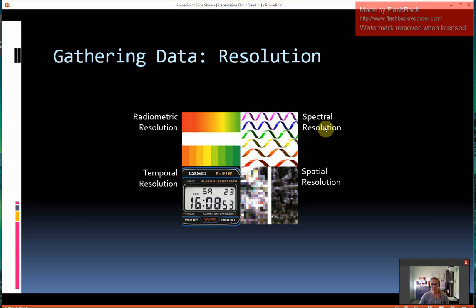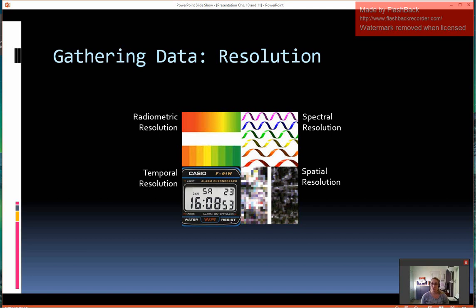There's also spectral resolution. As I mentioned before, those bands are designed to take in certain wavelengths, and that's the resolution of the camera or of the sensor, the spectral resolution rather. Temporal resolution just has to do with how many times a sensor or a satellite will pass over a given point. Some sensors pass over the same point every 24 hours. Some sensors will pass over the same point every 11 days or 3 days or not.